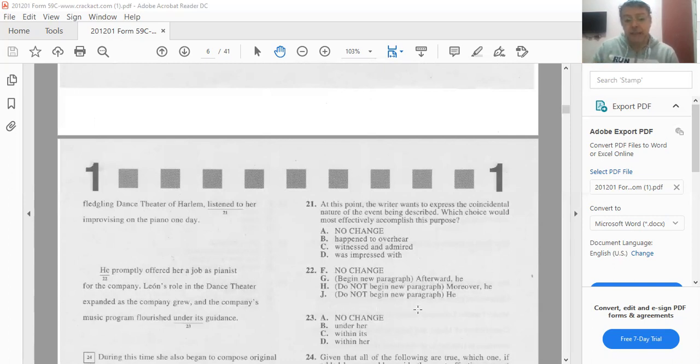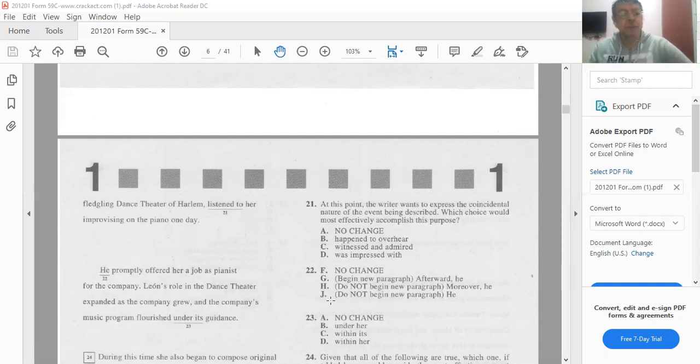Do not begin a new paragraph. So we should link the sentence that starts with he with the last sentence: Arthur listened to her improvising on the piano one day. He promptly offered her a job. So we would move he to start after this period without starting a new paragraph. The best answer is J.